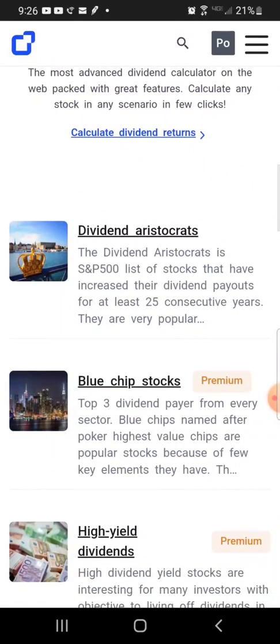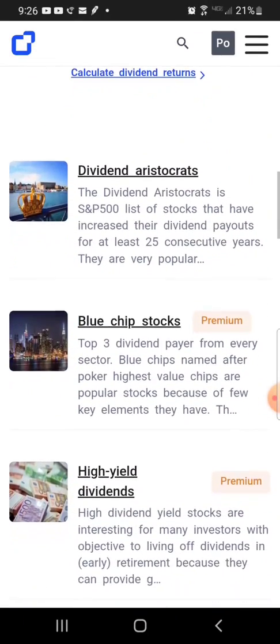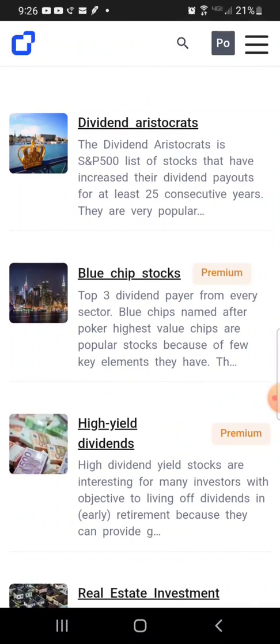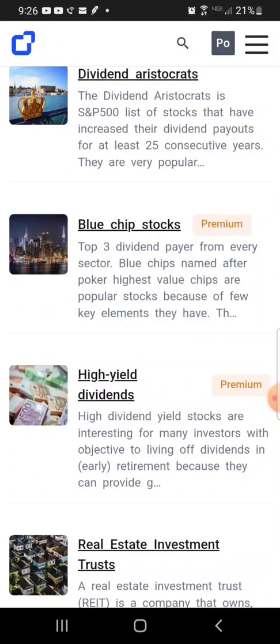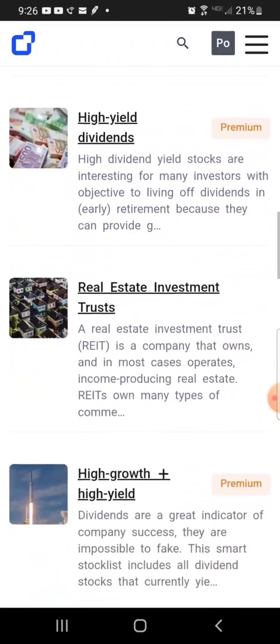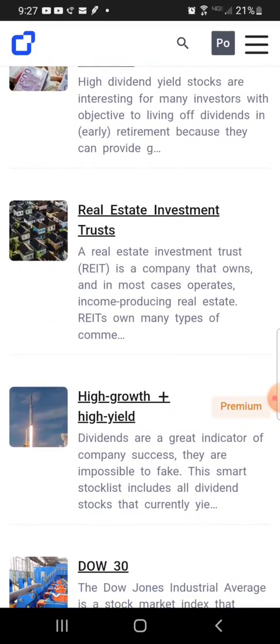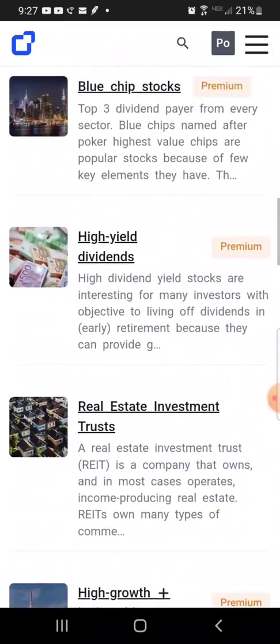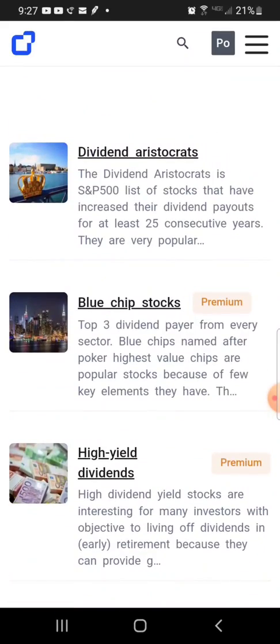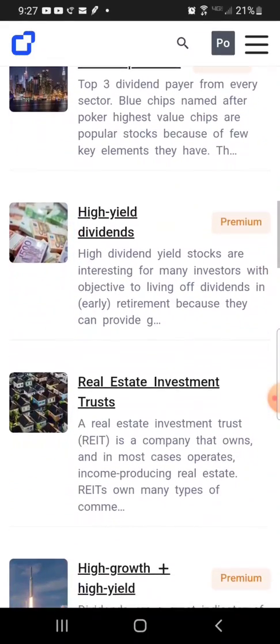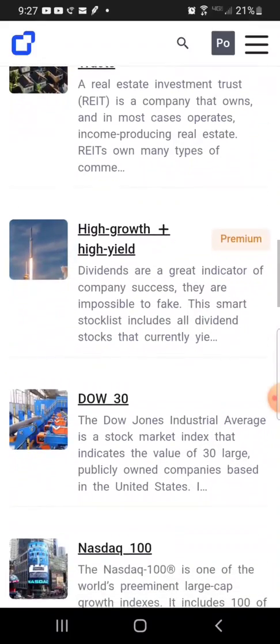They even give you ideas. They let you know what the dividend aristocrats are, what the best blue chip stocks are. That's premium. You have to be in the premium membership to get access to the blue chip stocks, the high yield dividend stocks, and the high yield and high growth stocks. But the Dividend Aristocrats list is free. Real estate investment trusts, free.